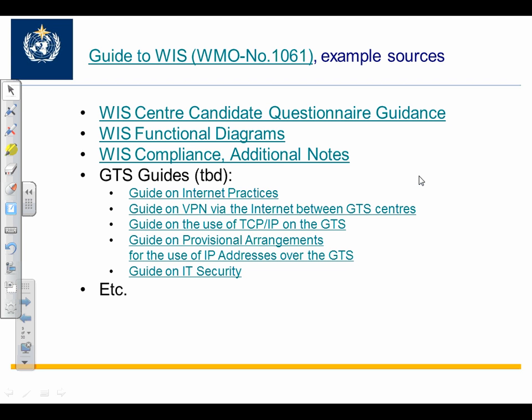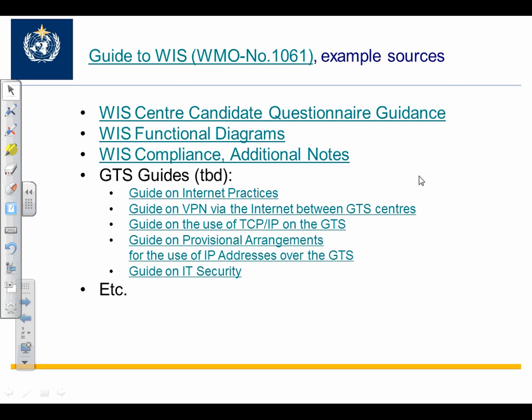You see on screen, I have listed the main sources of material found in the current guide to WIS, which is the WIS Center Candidate Questionnaire Guidance, the WIS Functional Diagrams, the WIS Compliance Additional Notes.